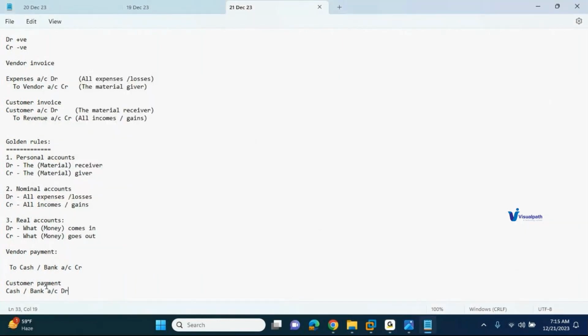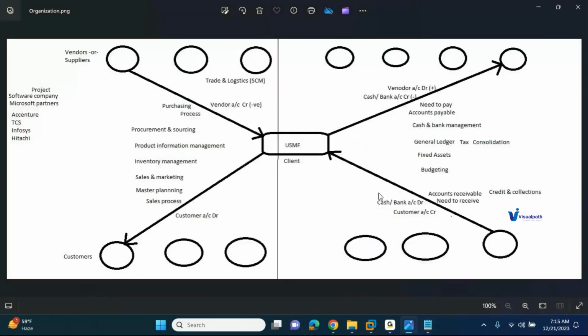So customer payment means the customer is paying money to you.